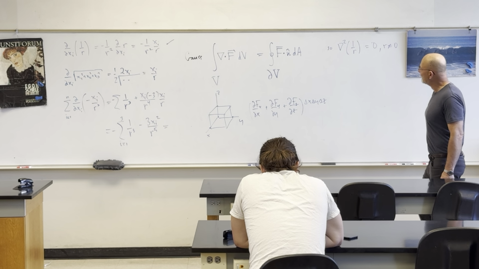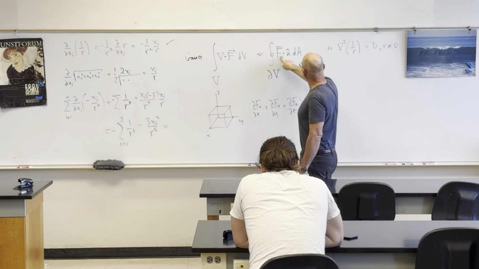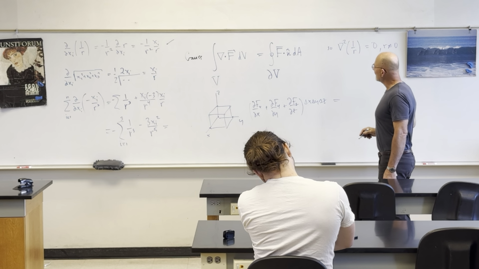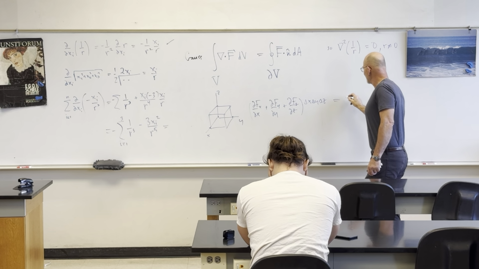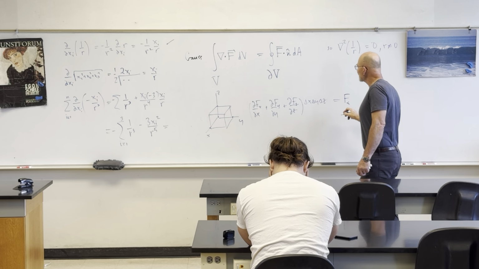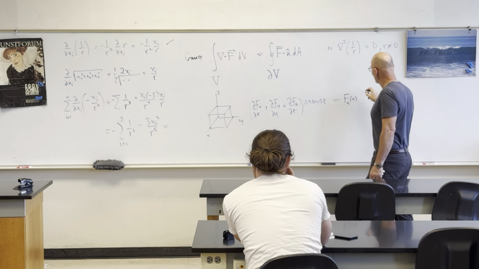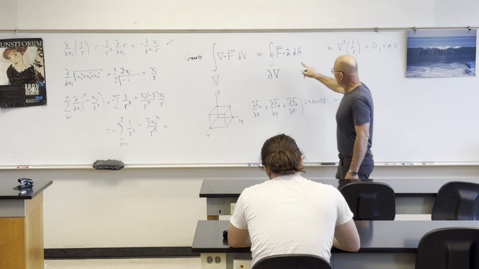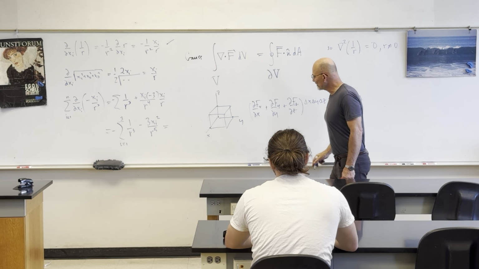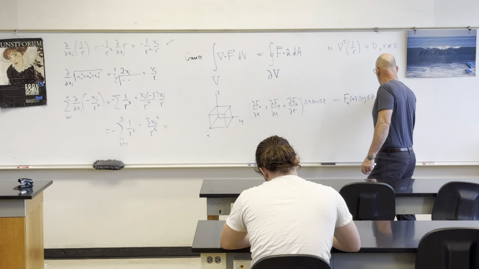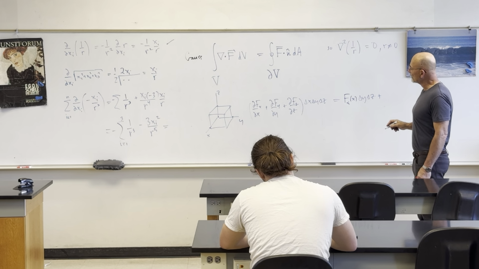Now, the f dot n is going to be f_x of x delta y delta z, and then the other two that goes.